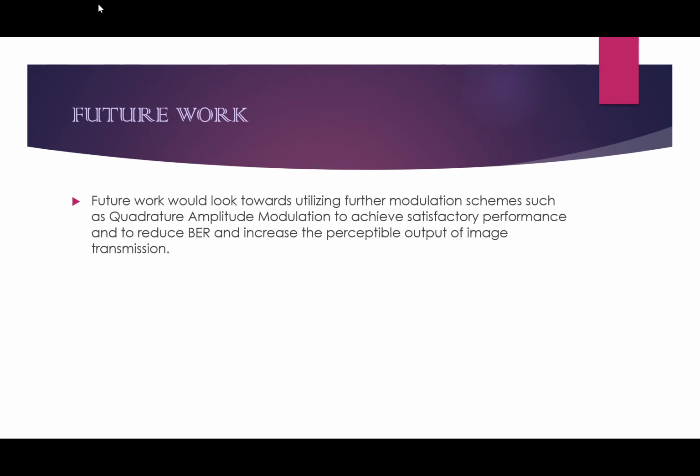The future work would be to implement further modulation schemes of a higher caliber, like quadrature amplitude modulation, which would attribute satisfactory performance at a significantly good data rate, and to see how it would impact the level of performance on the image.